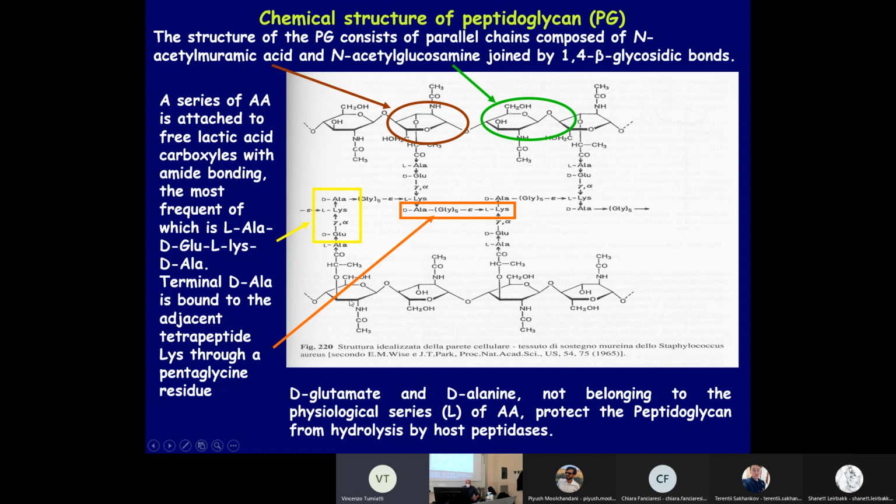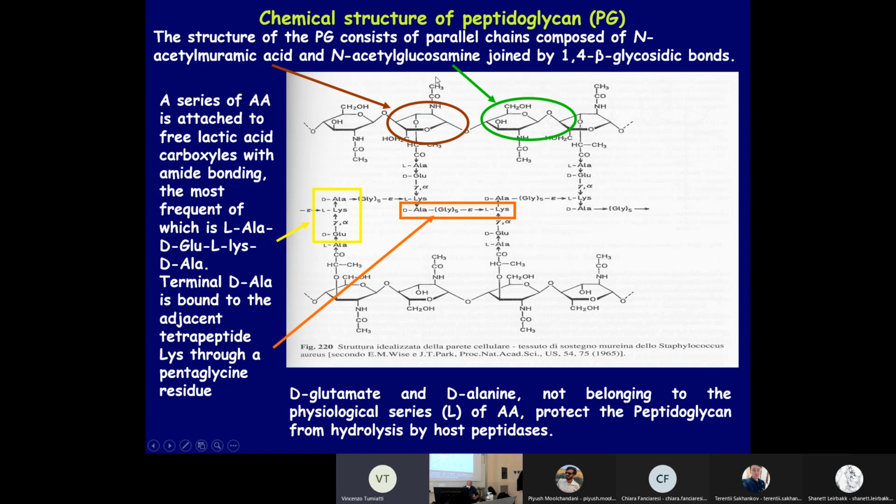There are two main chains formed by two different repeated units: N-acetylglucosamine, where you see the basic group, the NH2, is acetylated, joined to another molecule called N-acetylmuramic acid.